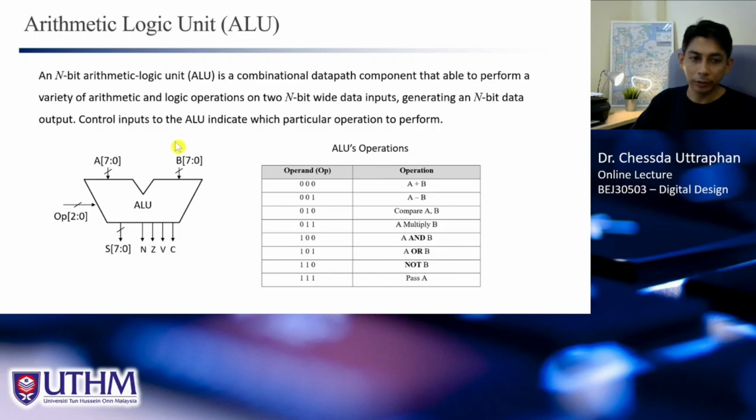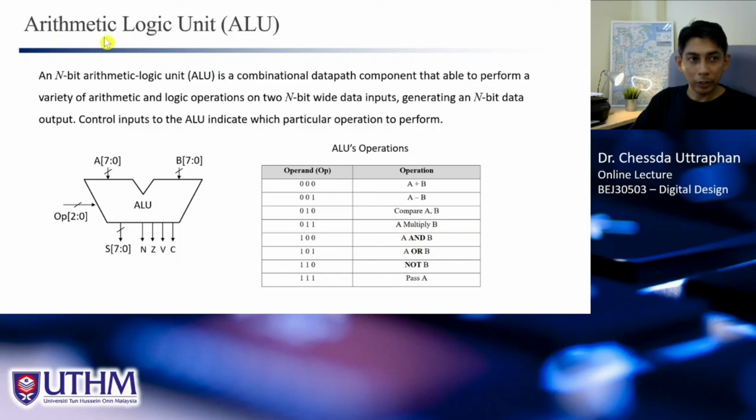In the ALU, there is actually the arithmetic circuit. So the ALU is the circuit that can perform the arithmetic operations that we have learned before. For example, the add is a component of the ALU, the subtract is a component of the ALU, the compare is a component of the ALU, and multiplication is also a component of the ALU.